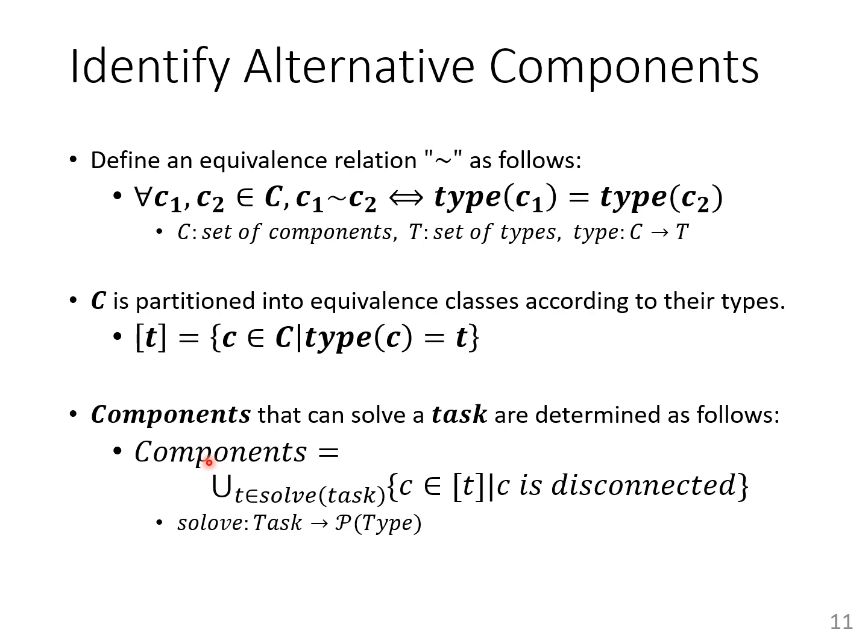Here, the function solve maps a task into a power set of types. And this formula finds all components required for solving a task. These three formulae allow us to rigorously model the connection between abstract tasks and concrete implementation components in a verifiable way.